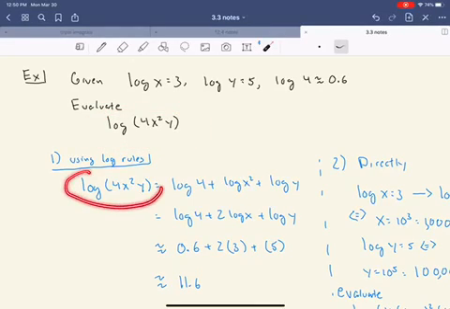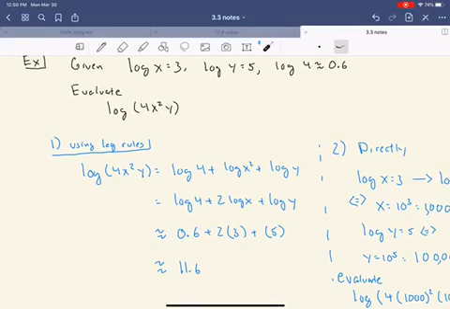Okay? So we have 4 times x squared times y. So remember, if we're multiplying inside the log, we can add the logarithms. So we're going to have log of 4x squared y is log of 4 plus log of x squared plus log of y.